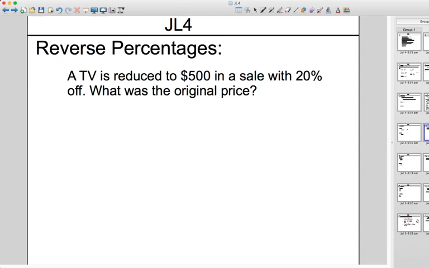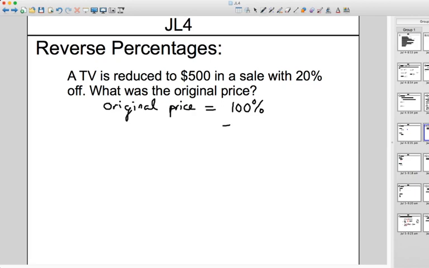So, we know that the original price is 100%. It always is going to be the original amount.